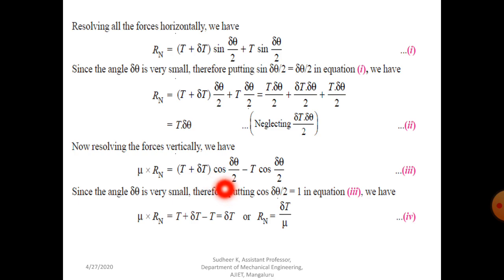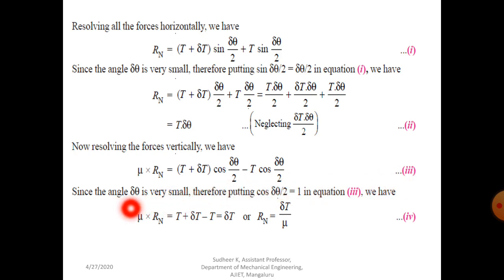So this is the upward force, plus (T plus dT) into cos d theta by 2, that will be the downward force. So this will be minus, because I have to make the expression in terms of mu into Rn. So mu into Rn and T sine d theta by 2, these two forces are upward, but (T plus dT) into cos d theta by 2 is the downward force. So you will get expression 3.